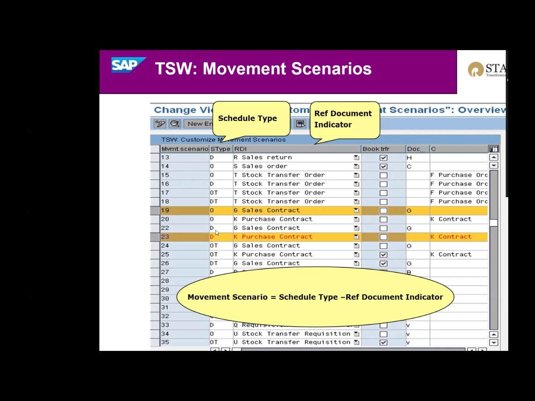Yesterday we did this OG scenario, the sales contract we created, the sales OG scenario. So these are all the different scenarios already available. If there are more special scenarios, then we can define them.